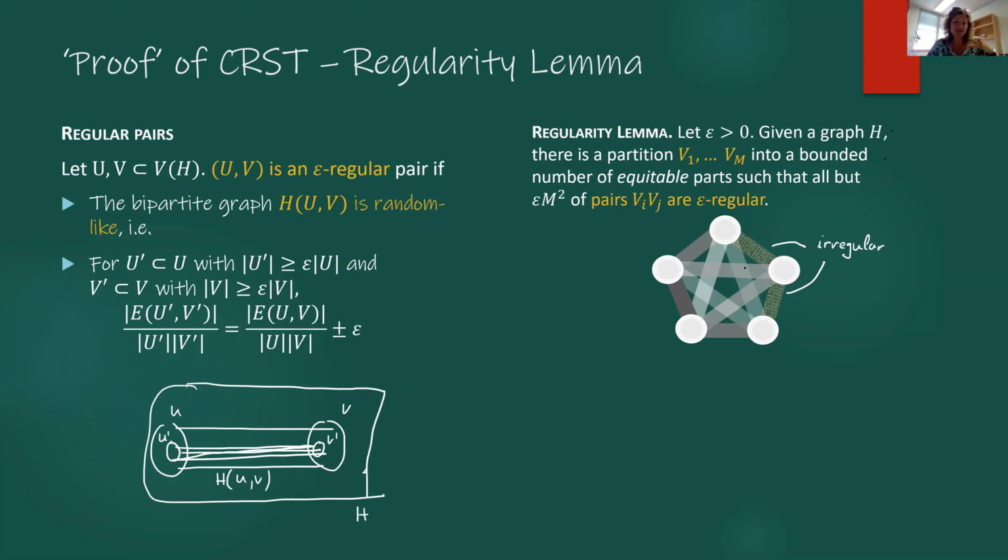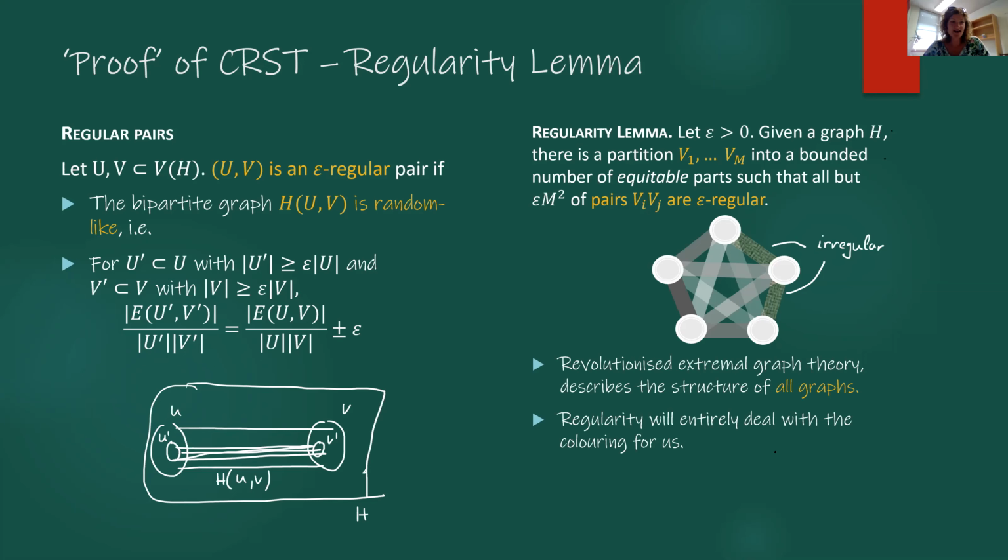So you know that all these pairs are regular, but they may have density 1, they may have density 0, they may have density 1/2. The regularity lemma outputs this kind of picture for you. And it's a very powerful tool because it applies to all graphs. So suddenly in the last 30, 40 years, half of the proofs in extremal combinatorics start with: apply the regularity lemma.